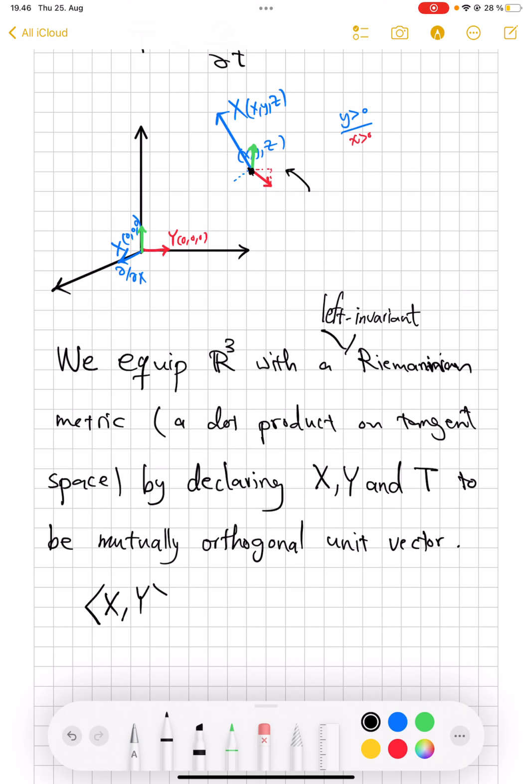That means x and y dot product is always 0 in this Riemannian metric, and x dot product with itself is 1, because this is just the length of x to the power 2 in this Riemannian metric.